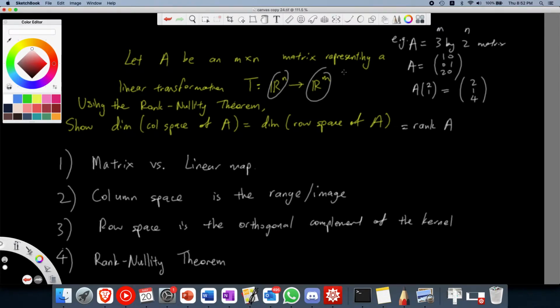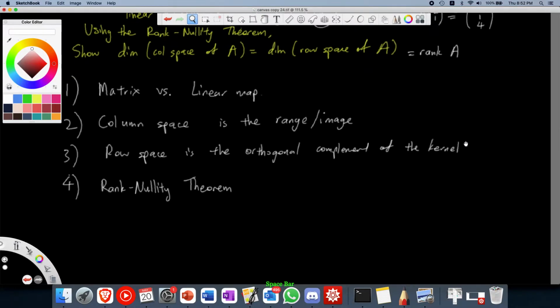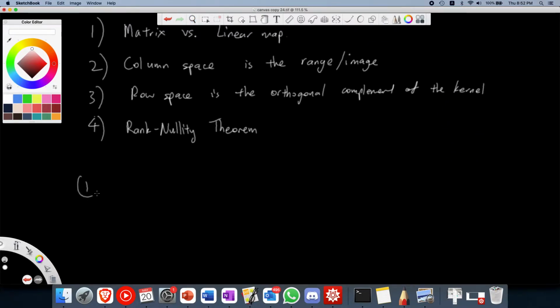Actually, what we mean by representing is that we are making a choice of bases for both the domain and the range, but I will not be going into that. That is in fact point 1. The first point we can talk about is the difference between a matrix, which is a table of numbers, real numbers in our case, and a linear map.